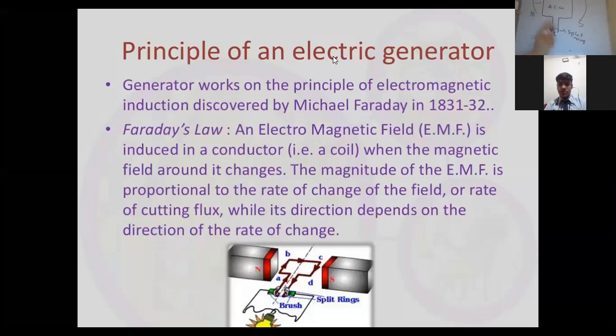So this is the basic difference between the AC generator and DC generator. If there are split rings, then it is a DC generator. The basic difference is the presence of the rings: if there is a slip ring, complete rings, then it is an AC generator, and if there are split rings, then it will be a DC generator.